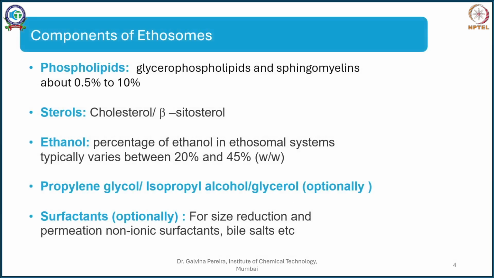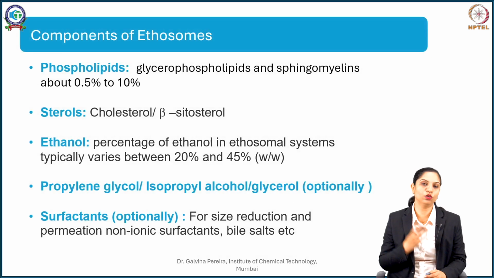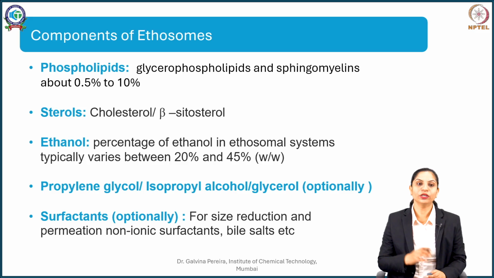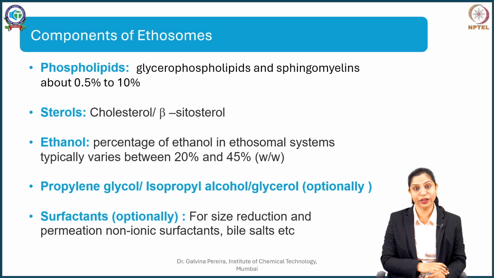So what exactly are the components of ethosomes and how are they made? Let's study the components first. The components of ethosomes are very similar to those of liposomes. They contain phospholipid principally somewhere between 0.5 to 10% by weight, and they are composed principally of glycerophospholipids, sphingomyelins, things as simple as soy lecithin, egg lecithin, and so on.